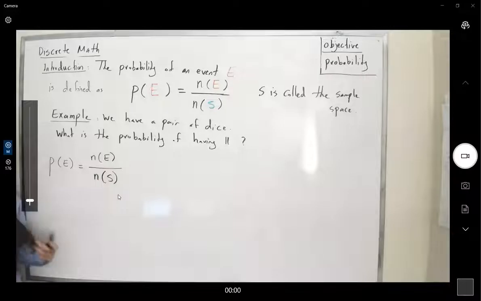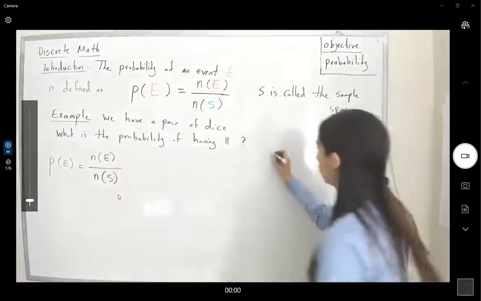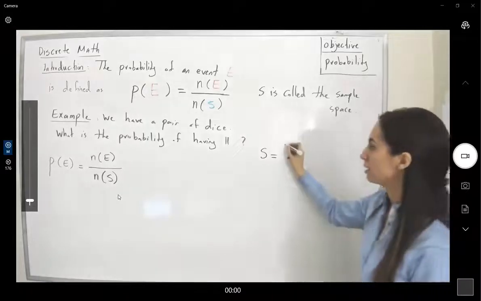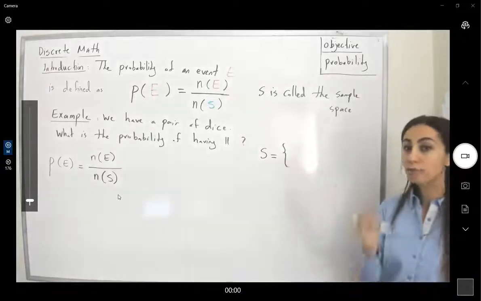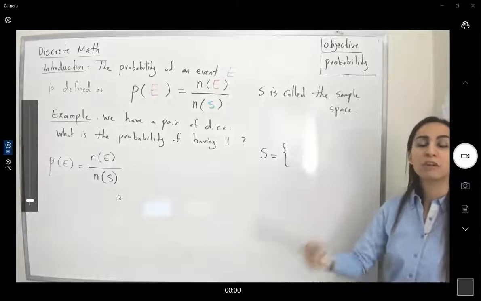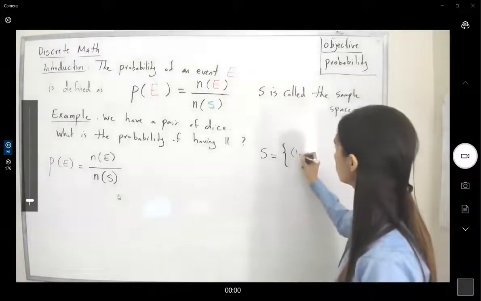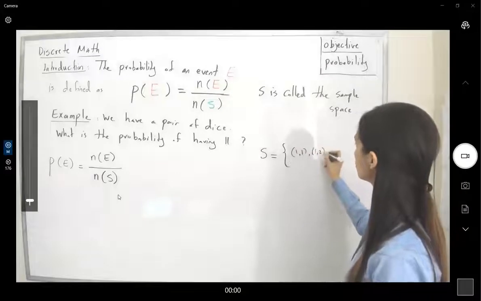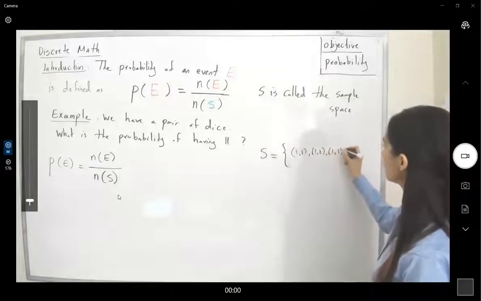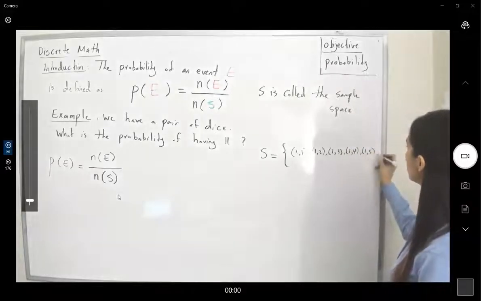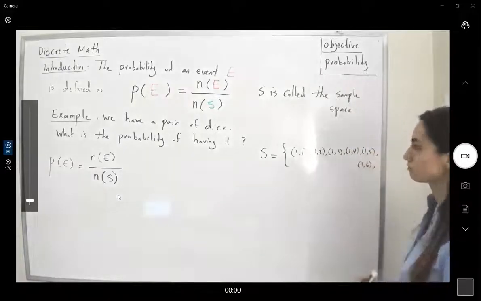What is S? What is E? Well, we have a pair of dice, two of them. So S, or the sample space, is equal to, you have two of them. You have 36 different choices. 1 and 1, 1 and 2, 1 and 3, 1 and 4, 1 and 5, and 1 and 6.